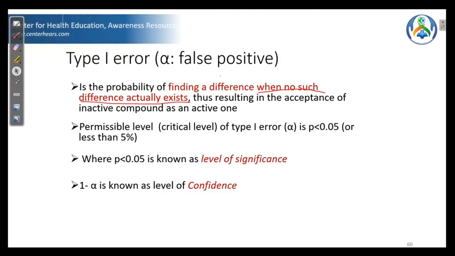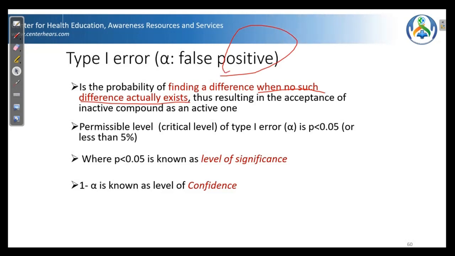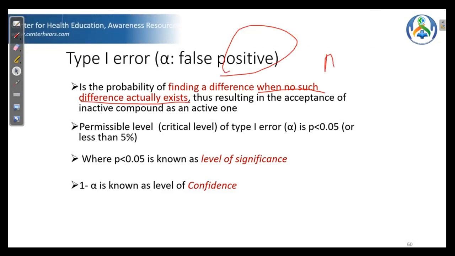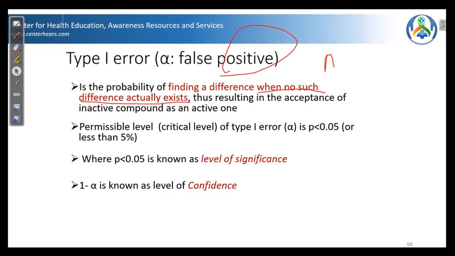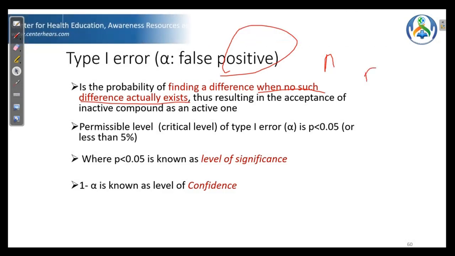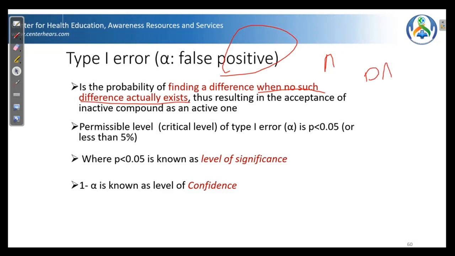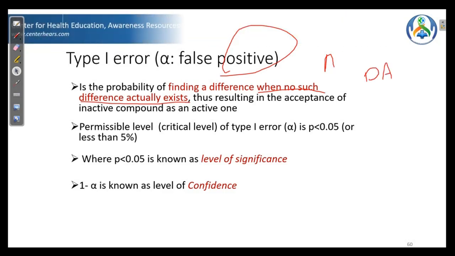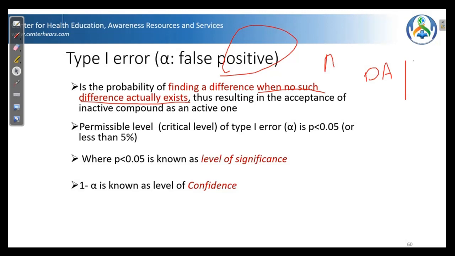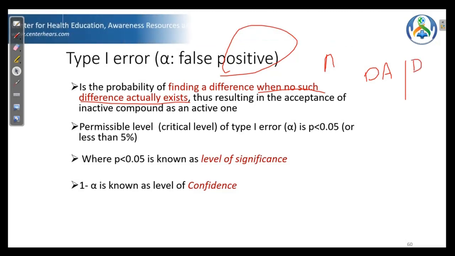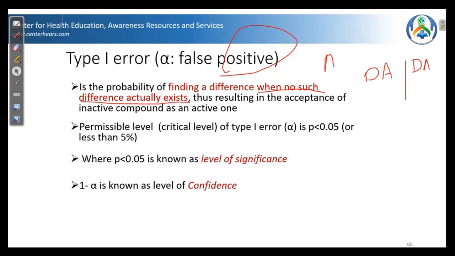I am getting a positive result. For example, if I take the action of drug A and the action of drug B, my result is saying that drug A and drug B differ in efficacy, that drug B is better than drug A, but actually there is no difference.